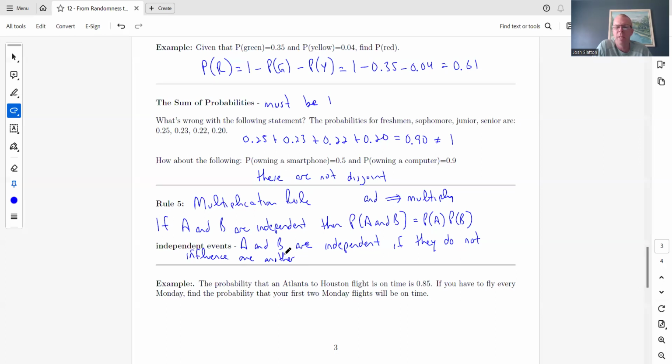The first Monday does not affect the second Monday, and obviously the second Monday doesn't affect the first. So these are independent events. We want 2 Monday flights, so 0.85, the probability that you're on time the first Monday, times the probability you're on time the second Monday. You multiply those together and you get 0.7225. That's an example of independent events.